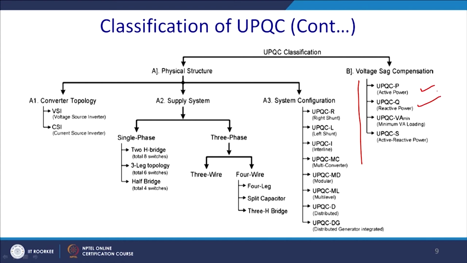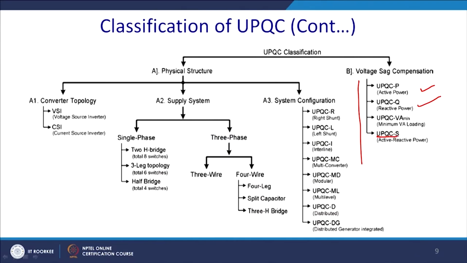UPQC-Q only injects reactive power, voltage injected in quadrature to the supply voltage. So, UPQC VA minimum stands for the minimum VA loading. So, the rating of the switches will be reduced. And UPQC-S acts on apparent power, the apparent power rating is constant, it can go up to the kVA rating, it has been fixed.